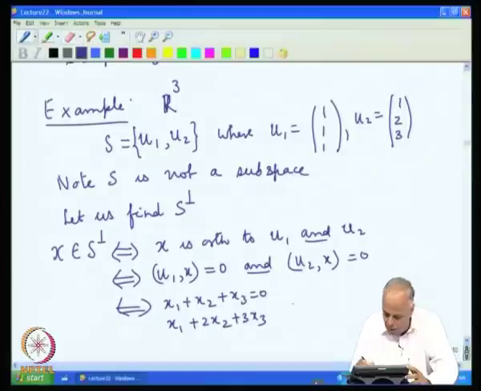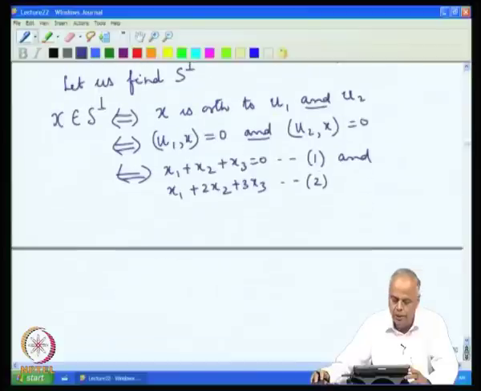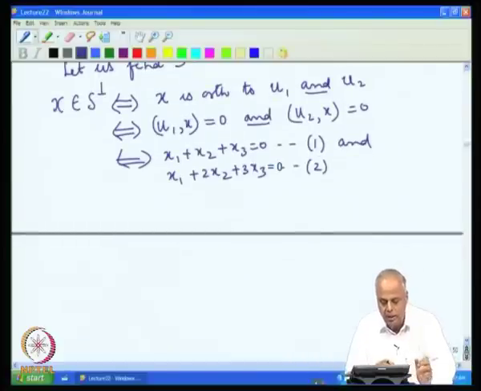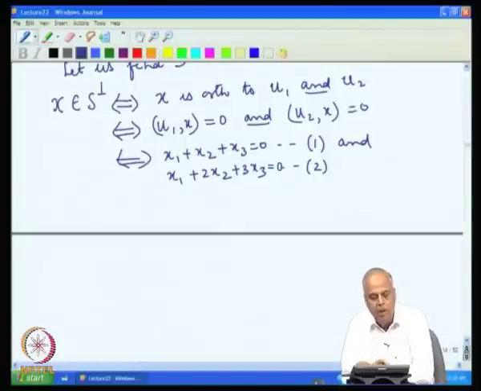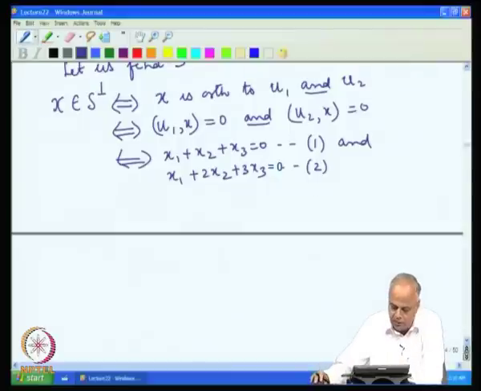Let us now call this equation 1 and this equation 2. So, x 1, x 2, x 3 must be such that both these equations are satisfied. Therefore, a vector x qualifies to be in S perp if and only if its components x 1, x 2, x 3 satisfy these conditions.